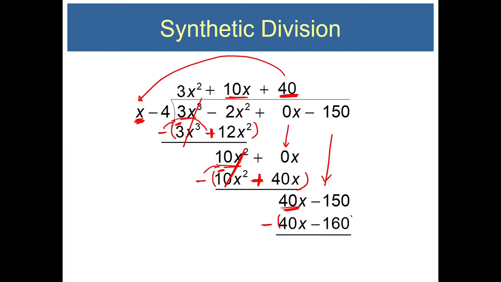We subtract, don't forget the parentheses. 40x minus 40x cancels out. This becomes a plus because of the distribution. And negative 150 plus 160 just gives us 10. So this is our remainder. We're going to attach it to the end by putting plus 10 over our divisor x minus 4.